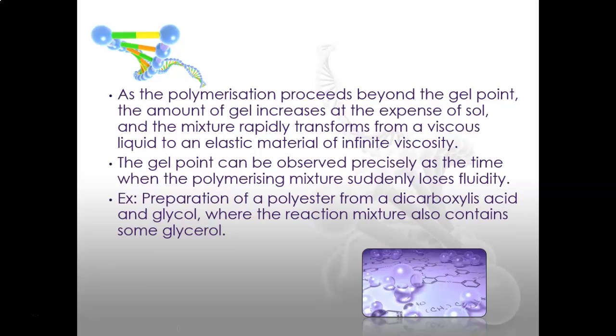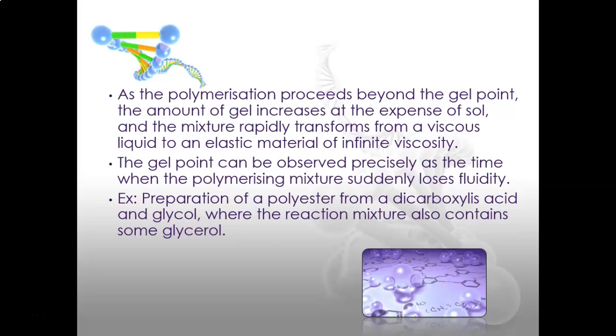If monomers with a functionality greater than 2 are used in step growth polymerization, chain branching will result. If the reaction is carried to a high enough conversion, gelation will occur.